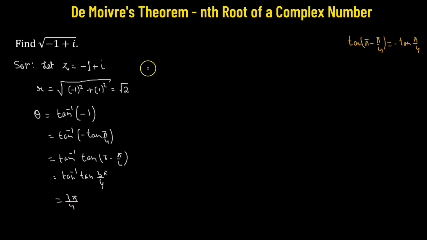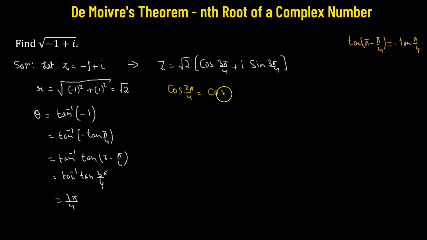Now we can represent our given complex number in the polar form as z given by square root of 2 multiplied to cosine of the argument theta, which is 3 pi over 4, plus iota times sine 3 pi over 4. Now we're going to use the fact that cosine is a periodic function, and that simply means that cosine of 3 pi over 4 can also be expressed as cosine of 2 pi m plus 3 pi over 4.